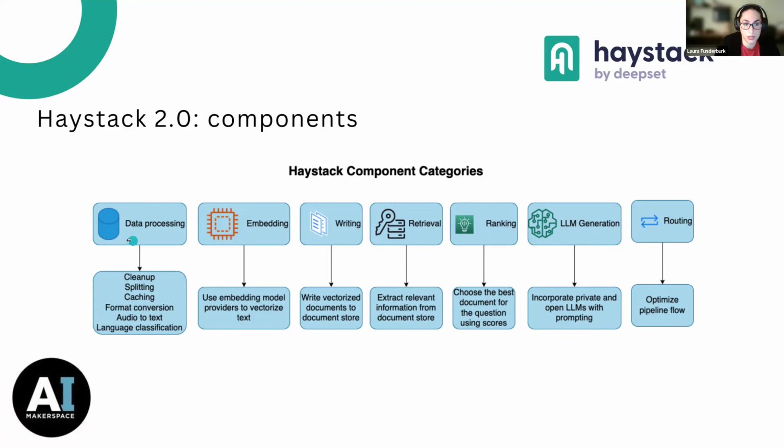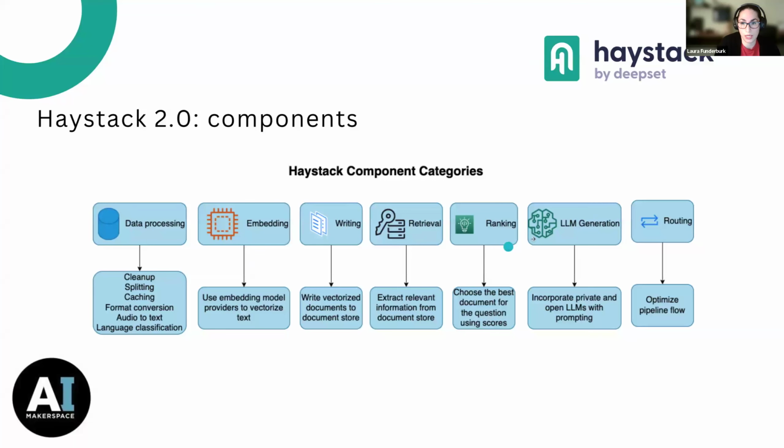We have our data processing components for cleaning, splitting, caching, converting format, converting audio to text, and classifying language. We have components for transforming text into vector format through the use of providers. We have components to write the embeddings onto a database or document store, and components to retrieve the information from the document store.